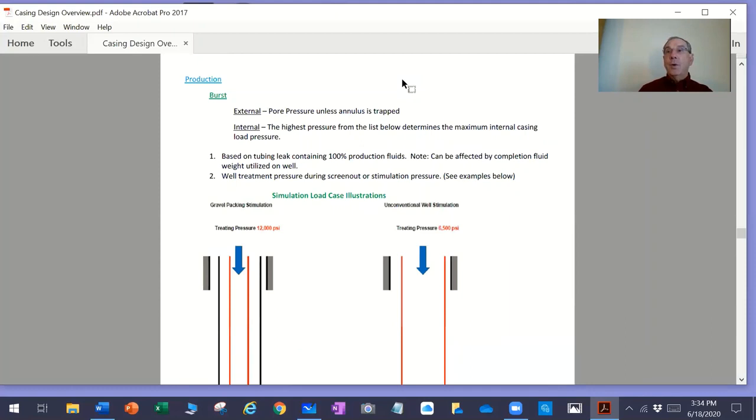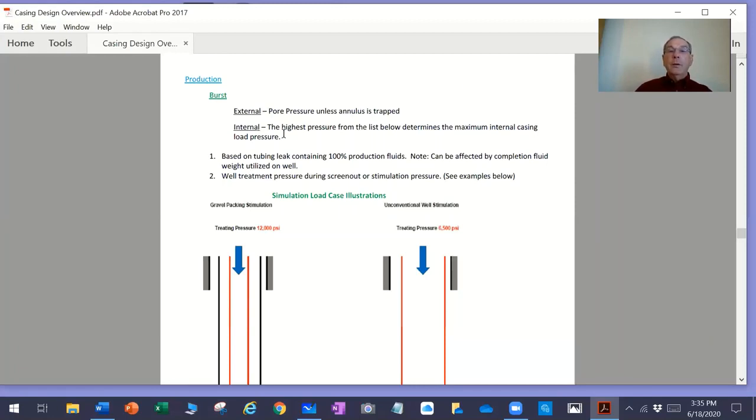For instance, if you had an intermediate casing string and then ran a tieback string of casing from a liner down in the well up to the top, and that was a trapped annulus on the outside of that tieback string, you could use mud weight for that case. That's a great example of a trapped annulus.